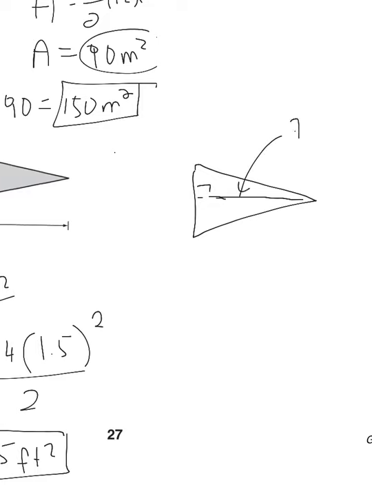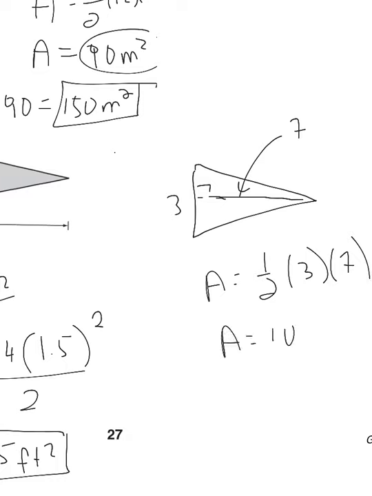So area equals 1/2 times 3 times 7. 7 times 3 is 21. Half of 21 is 10.5. So the area would be 10 and 5/10 square feet, I believe.